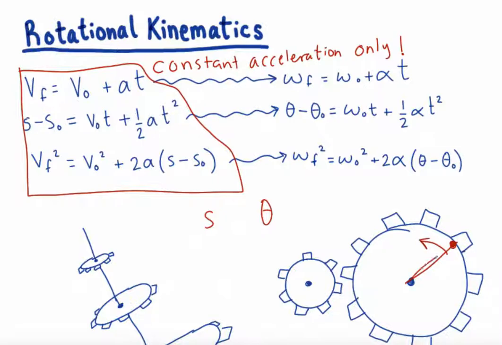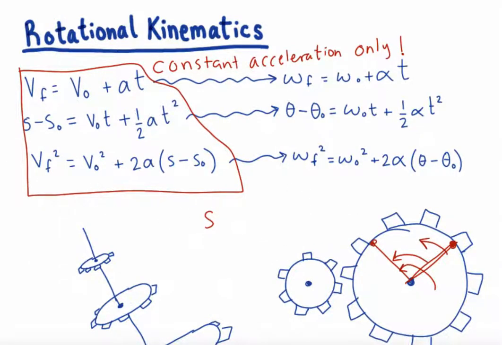Here's your initial theta, and let's say our final theta is right here at 90 degrees. We turn this entire thing and then stop here, so your initial theta would be 0 degrees and your final theta would be 90 degrees. So the position in rotational kinematics is theta.